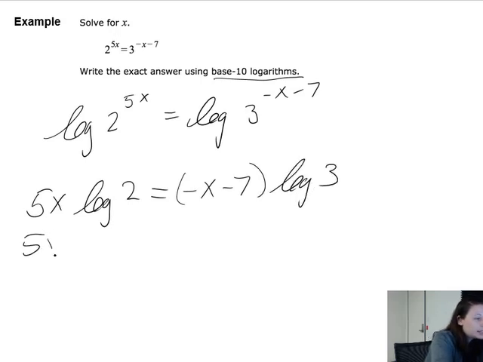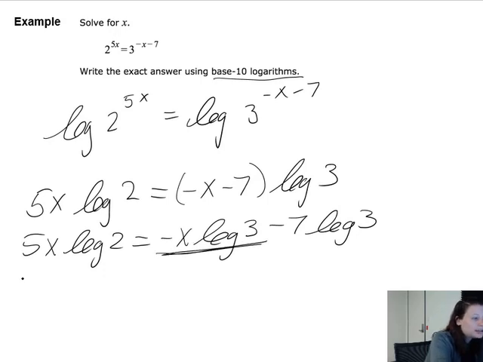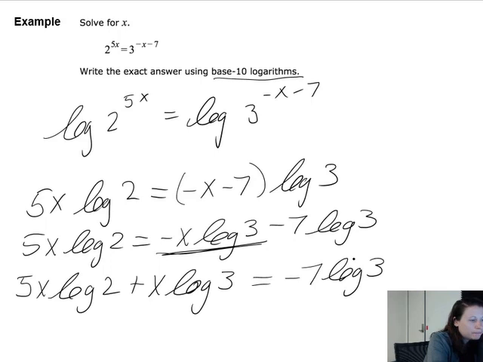So this one stays as 5x log of 2. This is now -x log 3 minus 7 log 3. Well, take this one over because we want to get all the x's on the same side. So 5x log 2 plus x log 3 equals -7 log 3. Now, factor the x out, right?